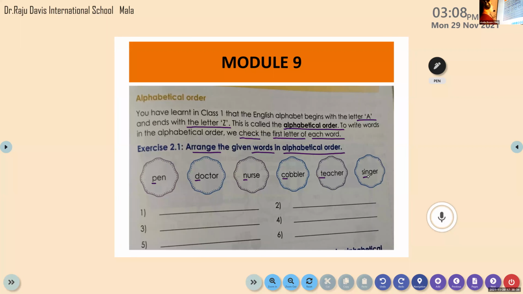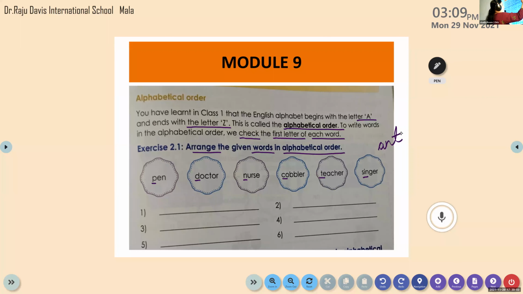So when we have to arrange these given words in alphabetical order, we must check the first letter of each word. And there will be some cases when the first letter is the same. Then what are we supposed to do in that case? I'll give you an example here.